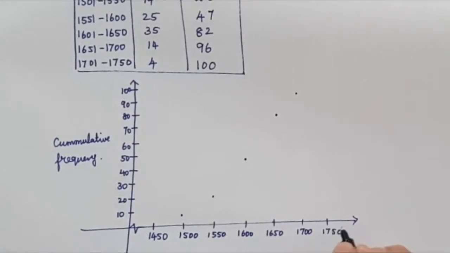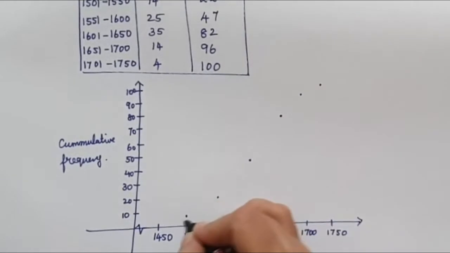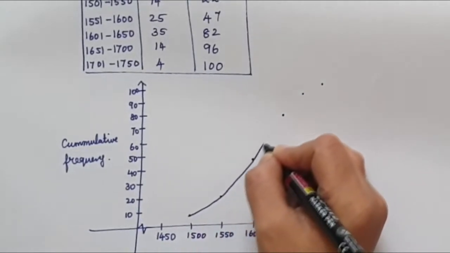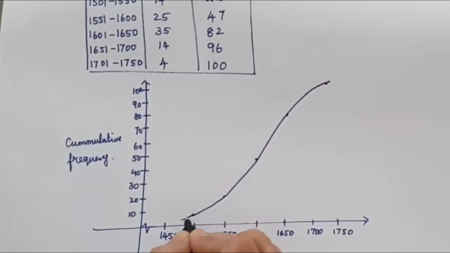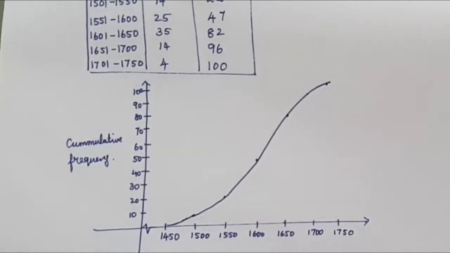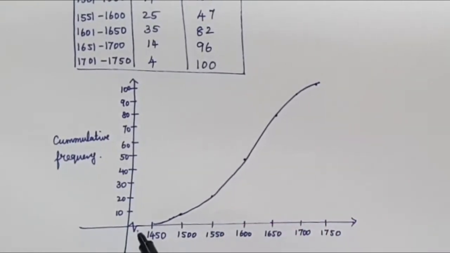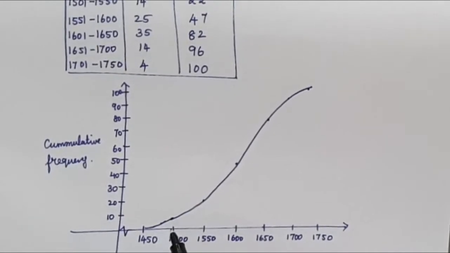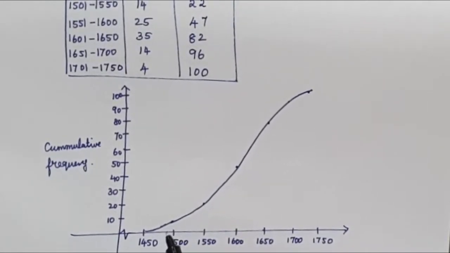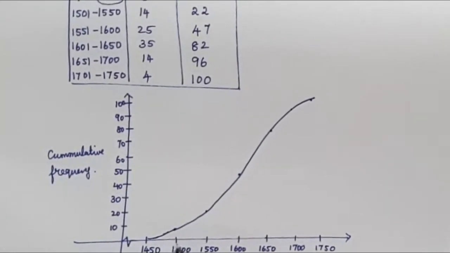Then it will be 1750 and 100. So we just make it with a smooth curve, and wherever it is joining, we just join it to the x-axis. Usually this cumulative frequency curve will be in the form of an elongated S. Now we'll use this cumulative frequency curve to calculate the median, the lower quartile, upper quartile and the interquartile range.